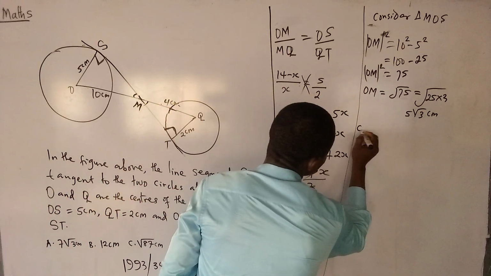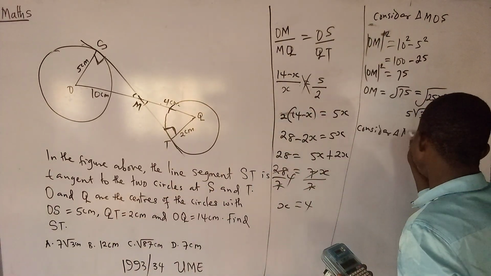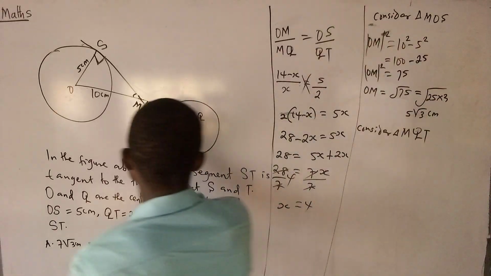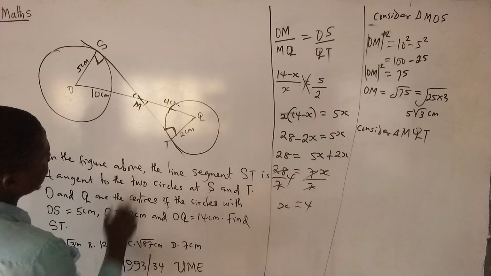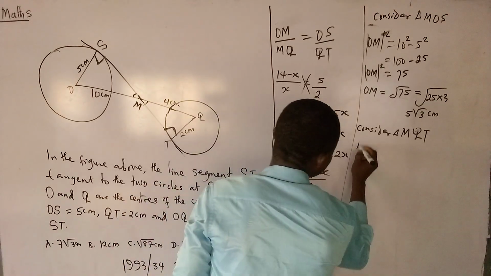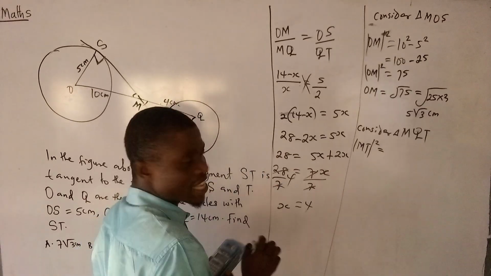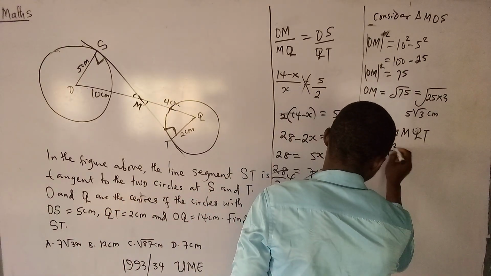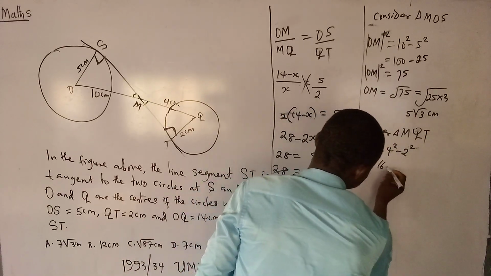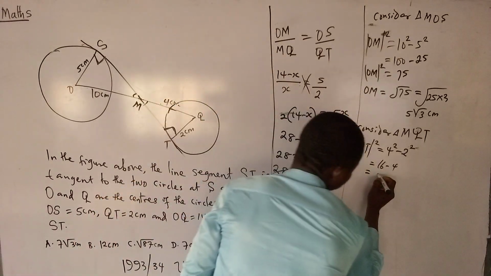Now consider the smaller triangle MQT. I want to get MT using Pythagoras. MT squared equals the hypotenuse 4 squared minus 2 squared, which is 16 minus 4, which is 12.